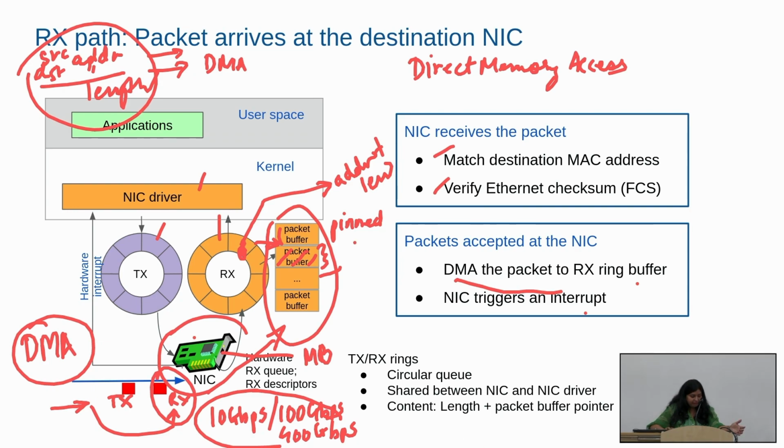The data packet arrived at the NIC. It is stored in the packet buffer. And what does this TX and RX ring buffer contain? Addresses. These are just the descriptors. These are the addresses plus the length. So they point to these packet buffers. They don't store the packet. The packet is stored in the device memory, which is pinned memory.